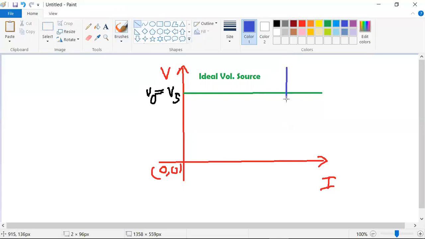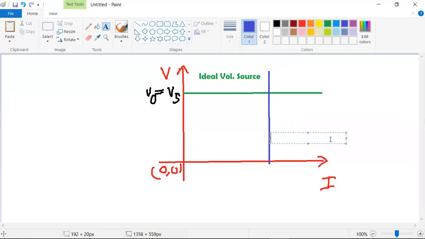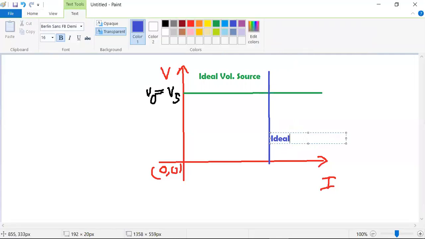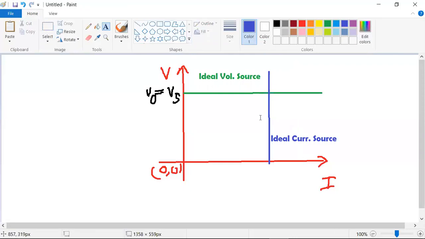This is the ideal current source. This is the ideal voltage source.